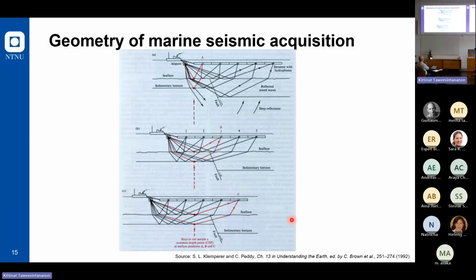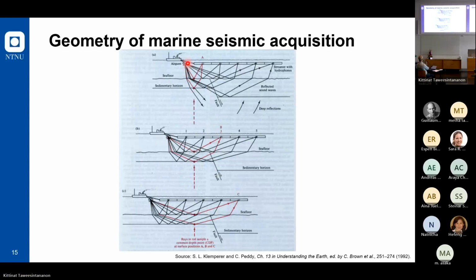So let's talk about some terminology. This shows some geometry of marine seismic acquisition, where you tow the seismic source behind the vessel, and that same vessel tows the streamer, with hydrophones that record the pressure wave, also behind the vessel. Here the air gun fires, and for the next shot, the vessel moves and the air gun shoots in the next position.